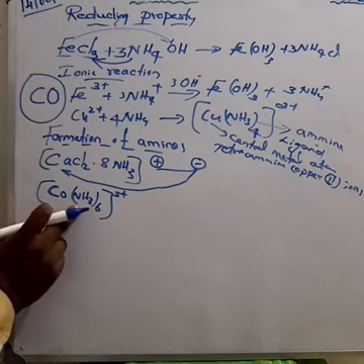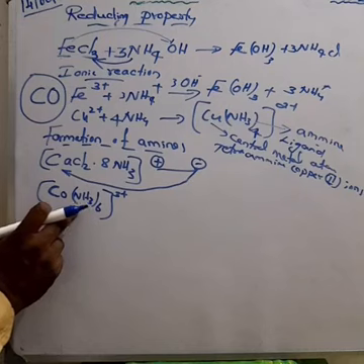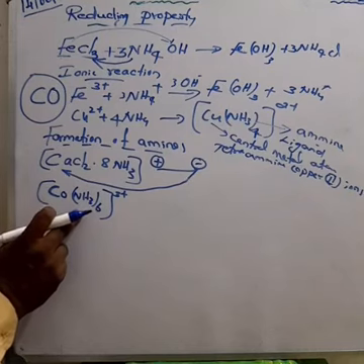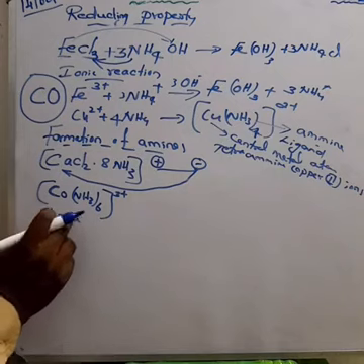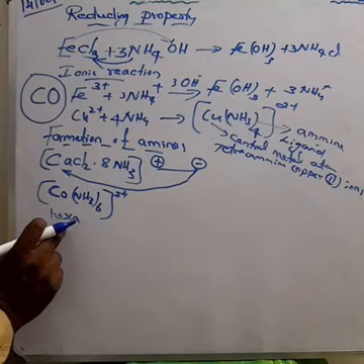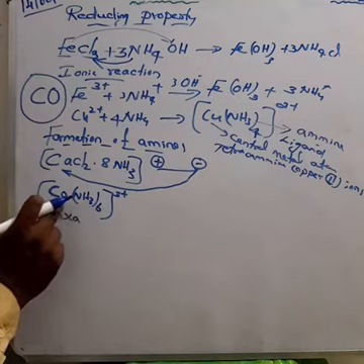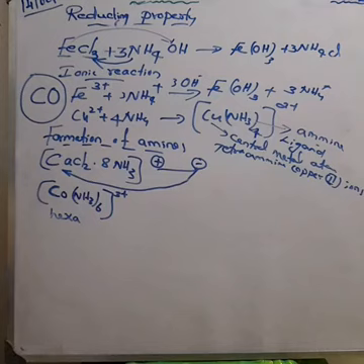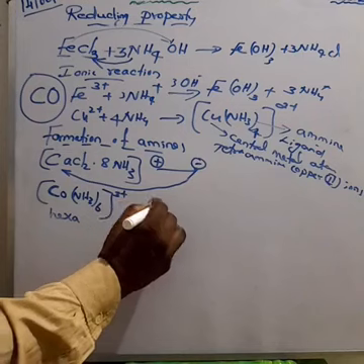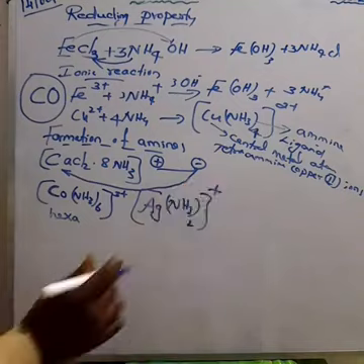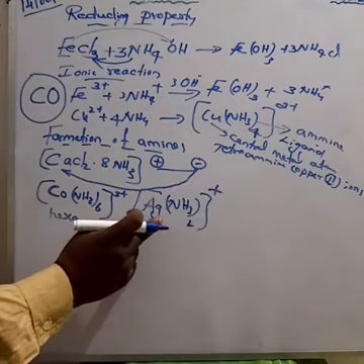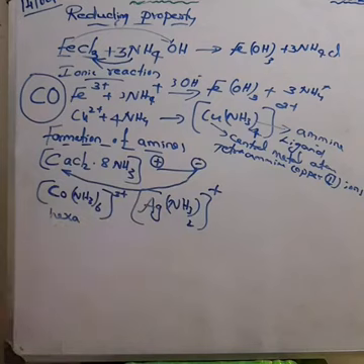Here having ammonia. As I told, ammonia, as per the IUPAC in coordination chemistry, means amine. How much ammonia is there? 6 ammonia. So 4 means tetra, 5 means penta, 6 means hexa, hexamine, cobalt 3 ions. Another example, Ag(NH3)2 plus, diamine silver 1 ion.